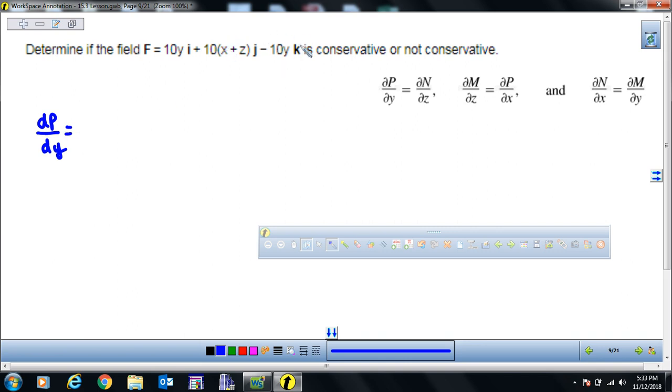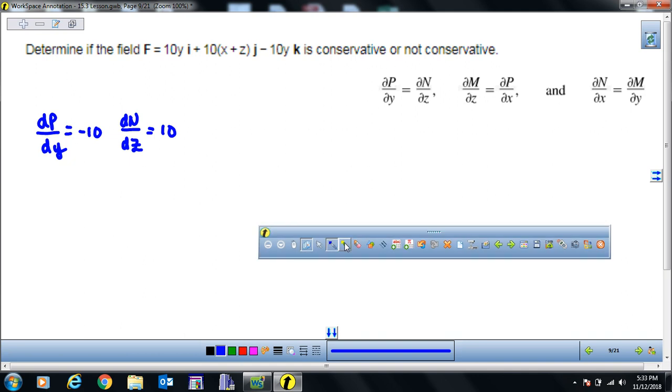Derivative of the k component with respect to y, right here, is negative 10. And then we're going to get the derivative of the j component with respect to z. The derivative right here with respect to z would be 1 times 10, which is 10.